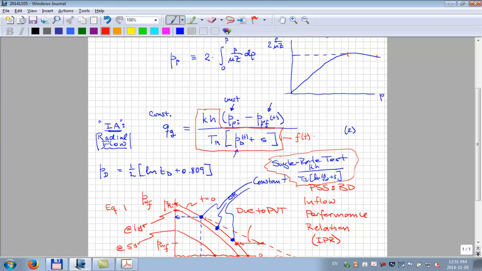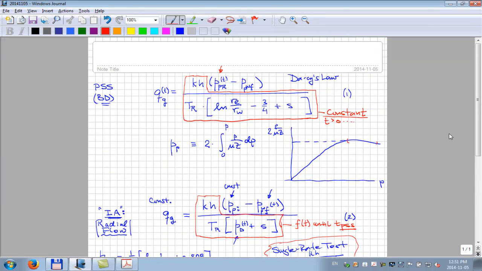It's a function of time until the time to pseudo-steady state, which we talked about last Thursday. And once you reach that time to pseudo-steady state, then you use this equation here, where the only time dependence is handled through the average pressure. And that average pressure time dependence is very slow.